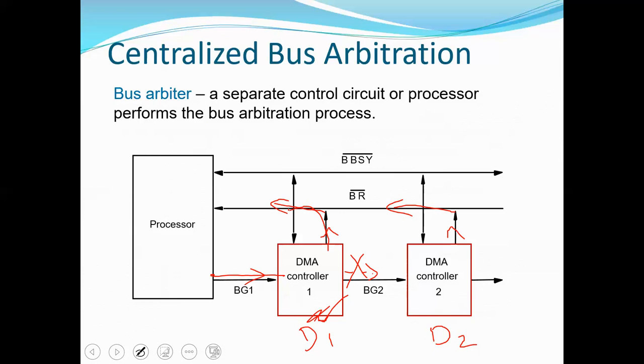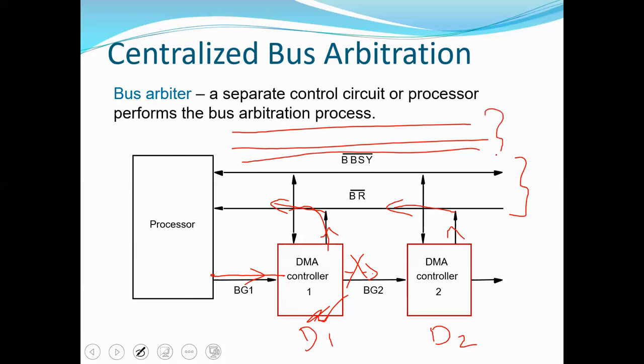Fine. So these are bus request and bus busy lines. Okay, these are separate lines. There are the actual buses through which the data, control signals and addresses are passed. There are separate lanes for it. Okay, and these are the request lines. It is different.